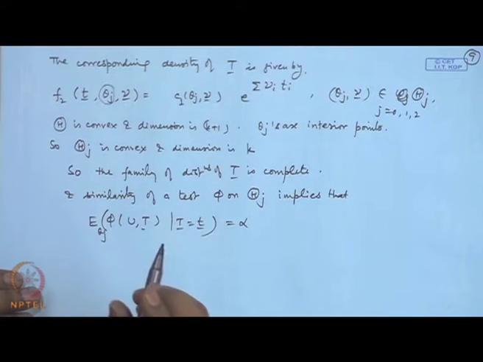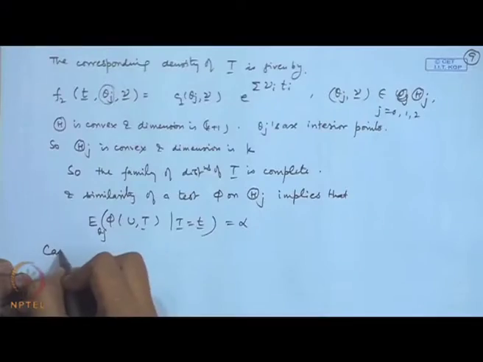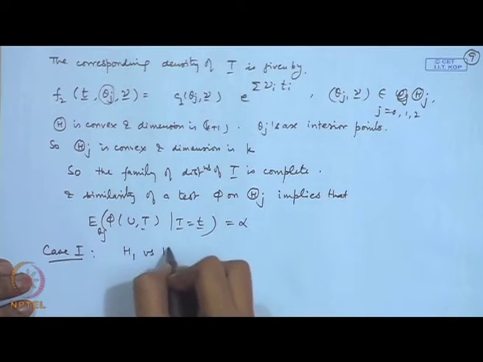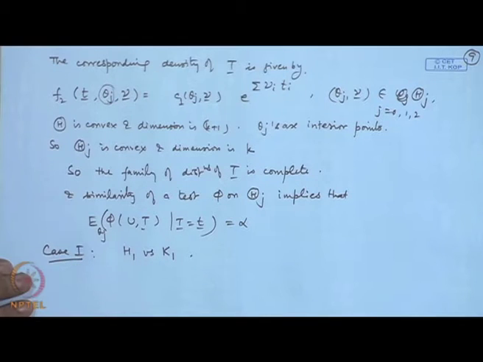So, now let us consider this phi 1, phi 2, phi 3 and phi 4 separately. So, let us take case 1, that is the testing problem H 1 versus K 1. Okay. So, another point, that yesterday's lemma which we want to use, the power functions of the test functions whatever we are considering must be continuous.